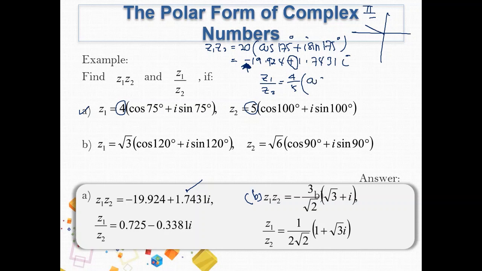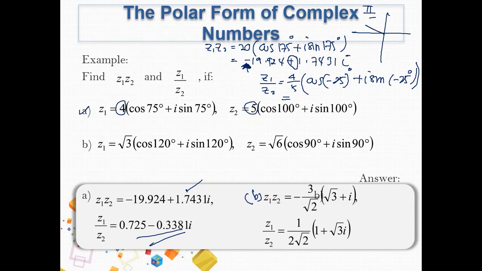So cos negative 25 degrees plus j sine negative 25 degrees. To make it easy, you just substitute into the calculator and you will get this answer. But let us look at the sign only.